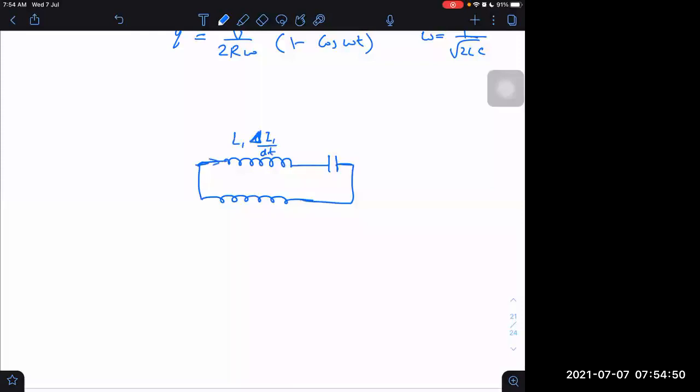L1 into delta I1 by dt, that is the EMF across this. Across the capacitor some Vc, plus L2 into delta I2 by dt is equal to zero.